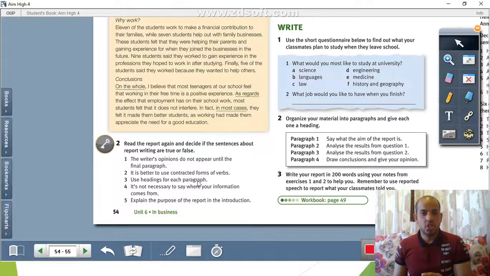What I want from you to do is to solve exercise number 2. Okay, you have to read the report and decide if the sentences about report writing are true or false.